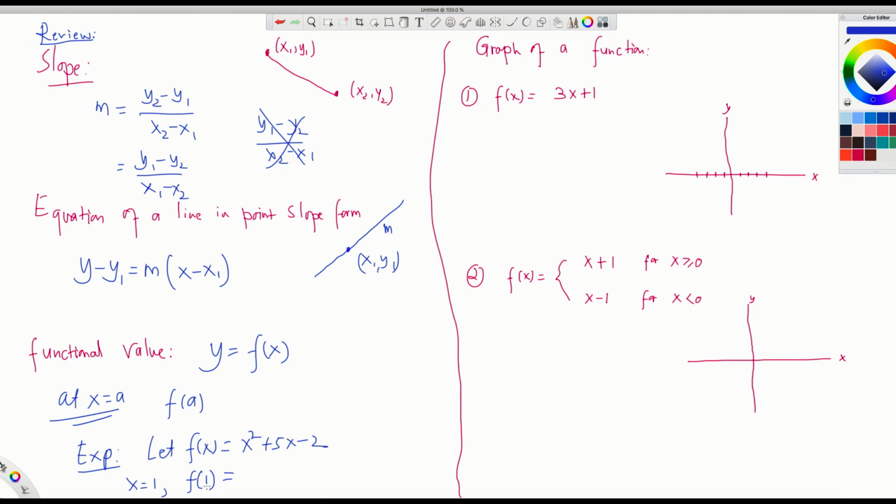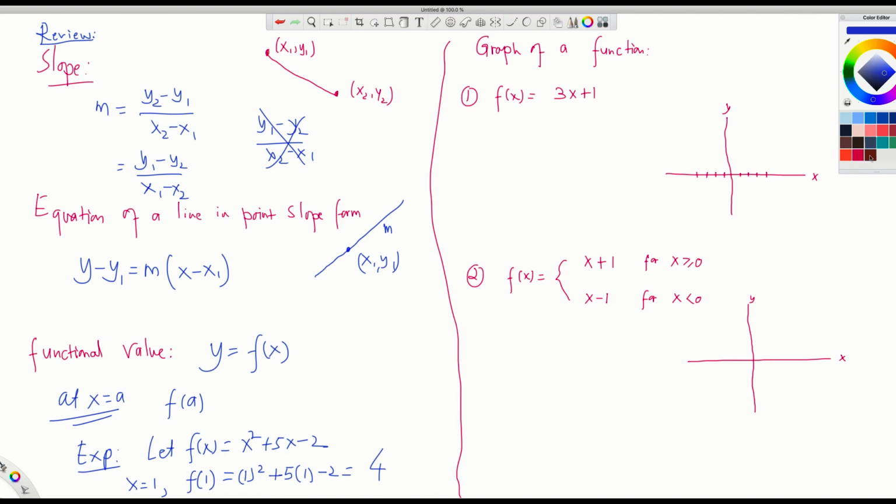So f of 1 is the functional value: 1 squared plus 5 times 1 minus 2. 1 squared is 1, plus 5 times 1 is 5, so 1 plus 5 is 6, minus 2 is 4. So the functional value of this function at x equals 1 is 4.